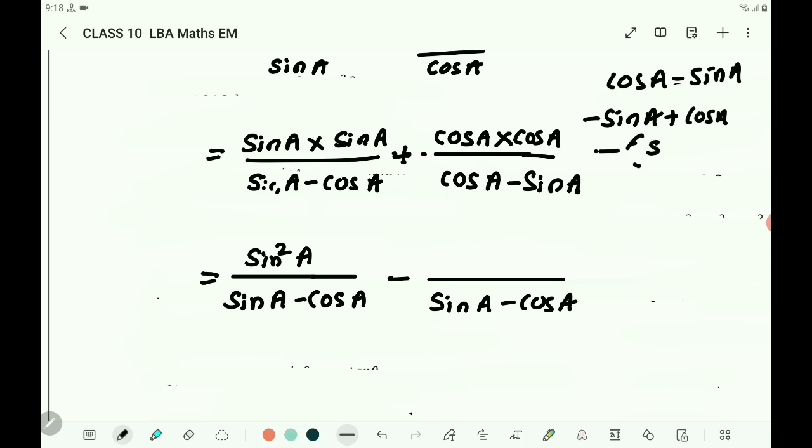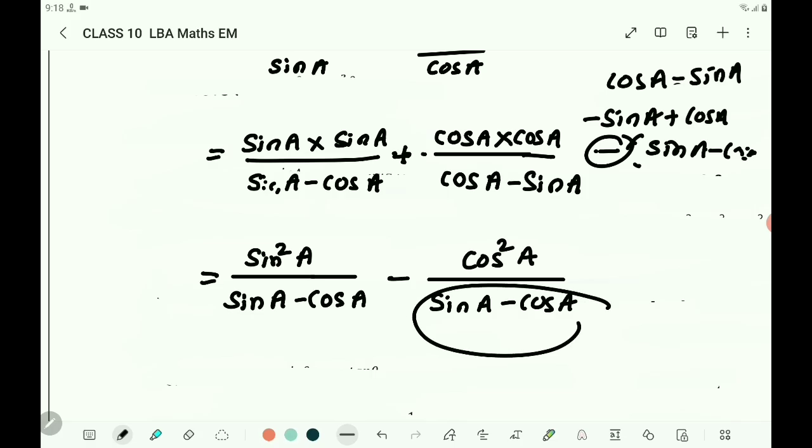In the bracket, it becomes sin A minus cos A. So this minus we have taken here. Therefore, this plus cos A by cos A into cos A by cos A minus sin A is same as minus cos square A by sin A minus cos A. Here also we got sin A minus cos A by changing the plus into minus and interchanging sin A and cos A.